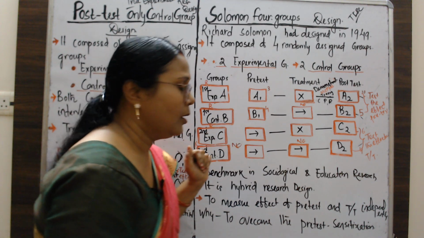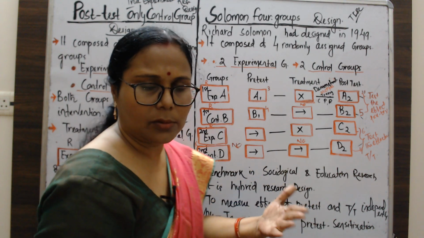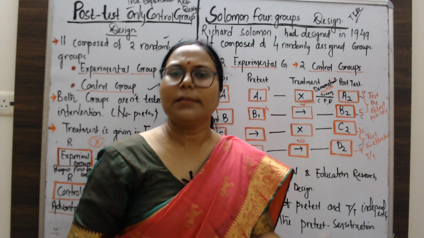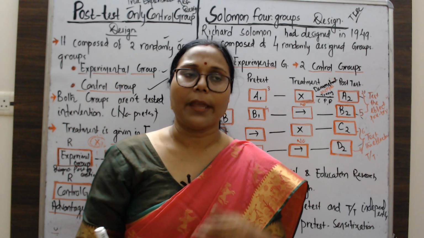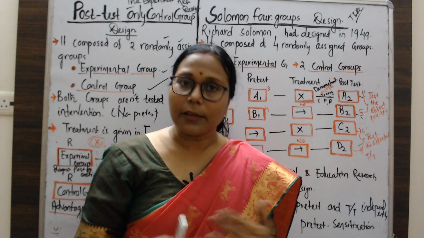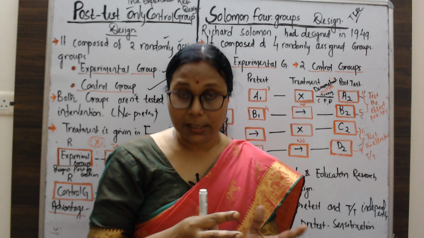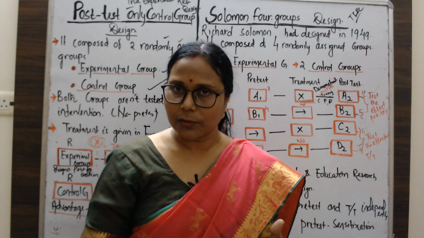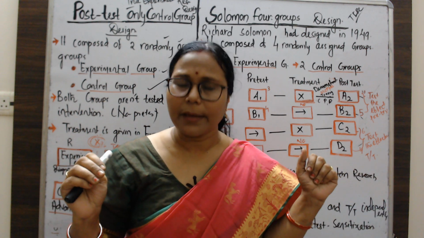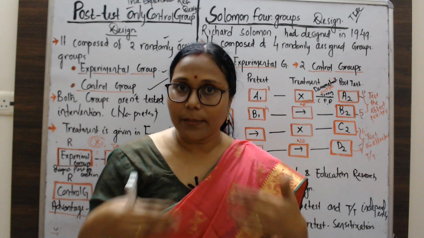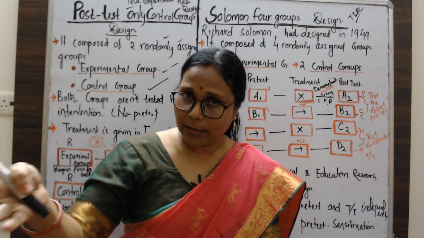Take an example. Suppose you want to study the effect of teaching students in a demonstrative way. First you take the students in four groups. Suppose you are demonstrating cardiopulmonary resuscitation.